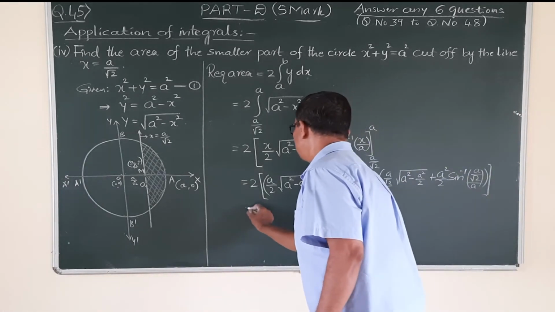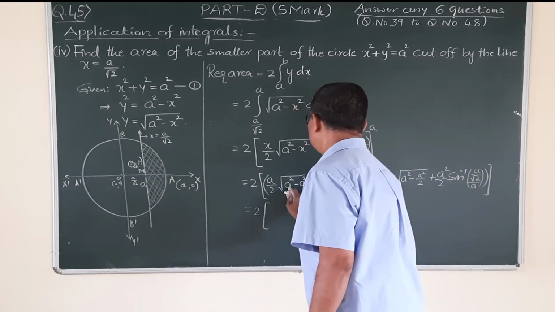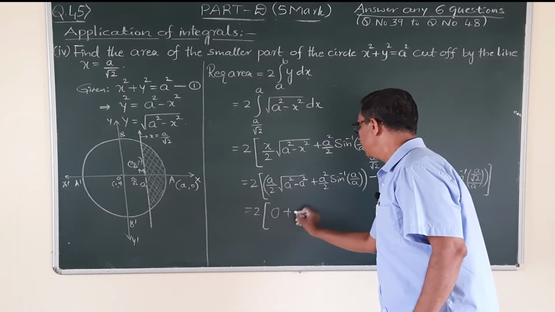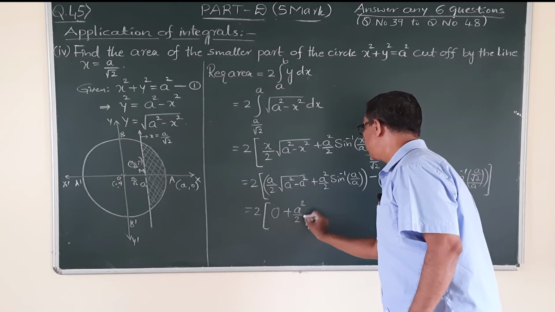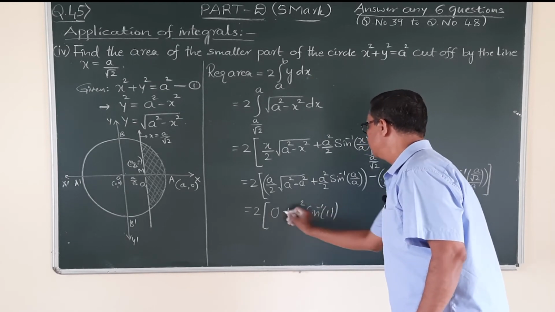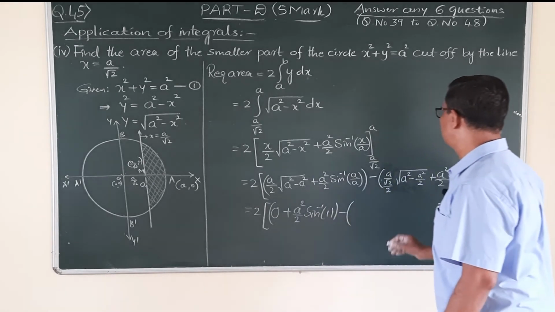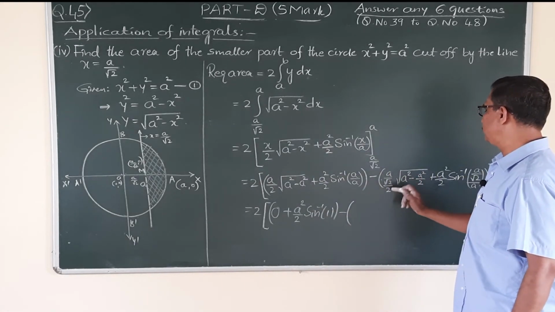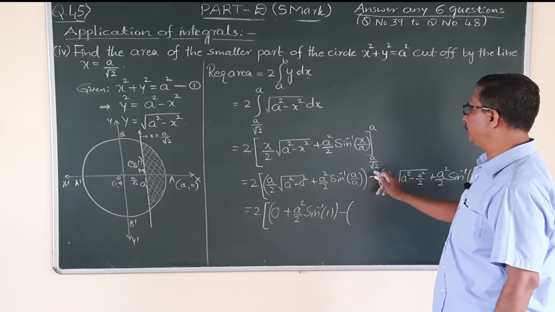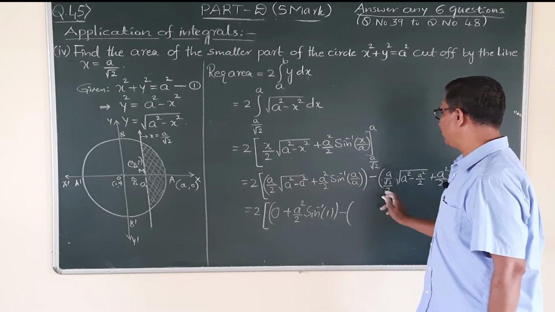Then simplify 2 into a square minus a square is 0, 0 into that number is 0, plus a square by 2 sine inverse of a by a is 1, this is the upper limit, minus a by root 2 by 2, a by root 2 divided by the x value a by root 2, divided by 2.